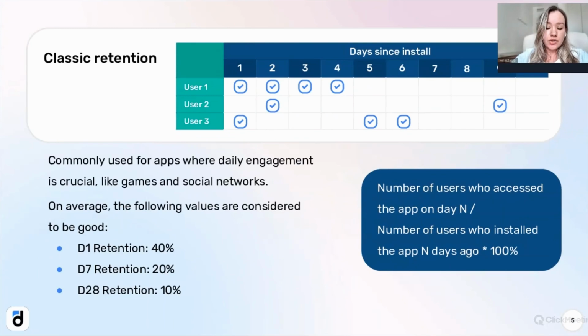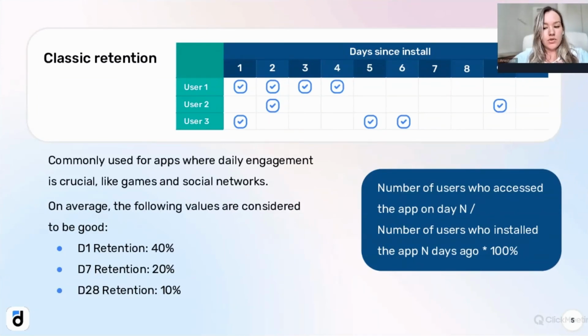Retention is often calculated for 1, 7, 14, and 28 days. However, you can also look at other days, it's up to you. Additionally, we recommend referring to retention benchmarks.